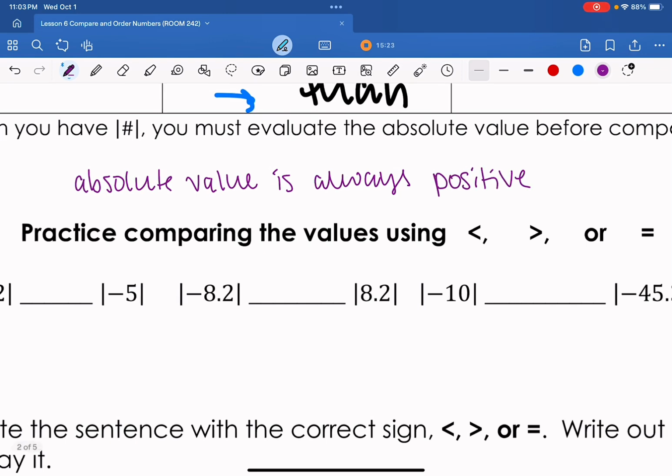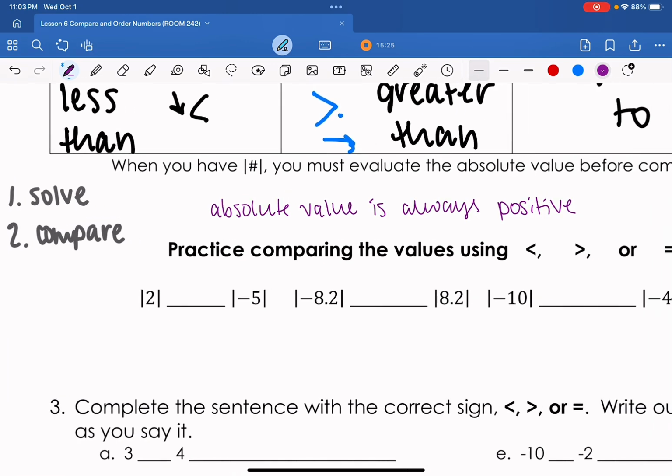So let's try these 3 or 4. First one we have is 2. I need to solve the absolute value of 2, and I need to solve the absolute value of -5. So if I go on a number line, 2 is 2 units from 0. So the absolute value of 2 is 2.